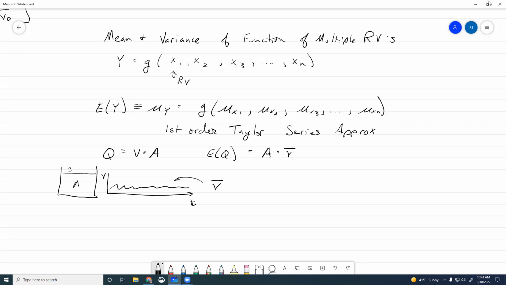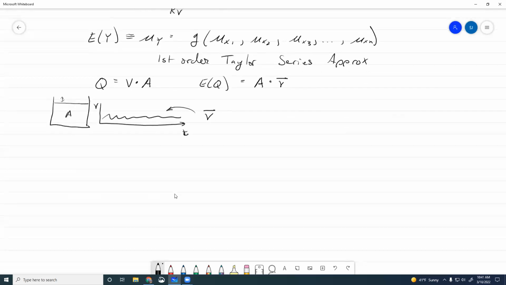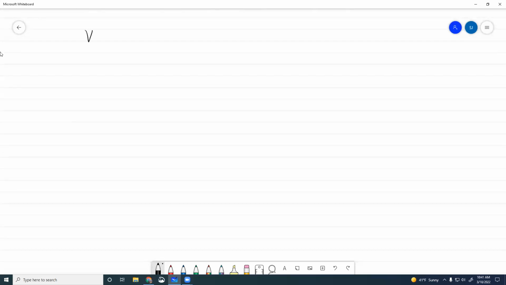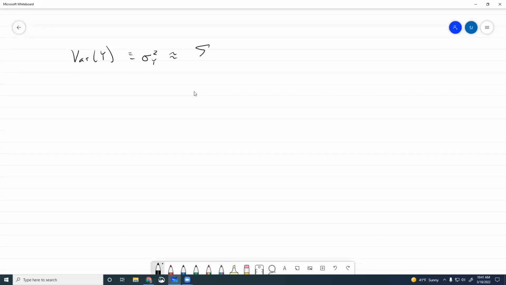Now the variance is a little bit different. The variance of y, which we'll denote as sigma squared y, is approximated by the sum of the individual standard deviations of our random variables, squared, times the derivative of the function evaluated at the values of those.